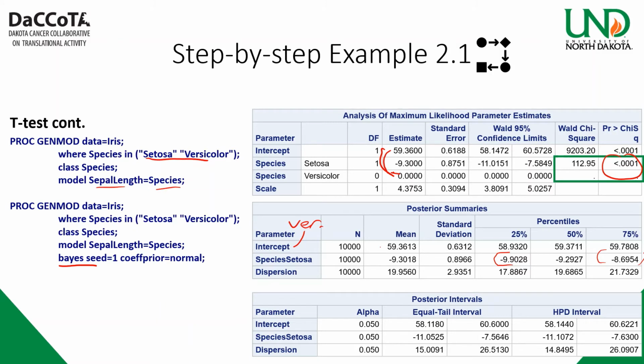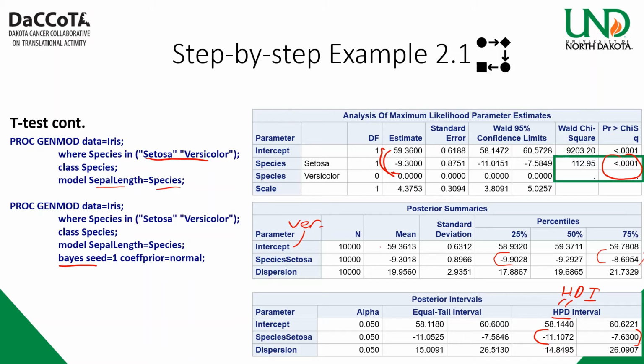We also get posterior intervals, a little stronger, where essentially this is the highest probability density interval that is sort of equal to the highest density interval that we talked about, kind of different names for it. So again, we see here that the mean of Setosa is going to be between -11 and -7, so that's significantly lower than 0.